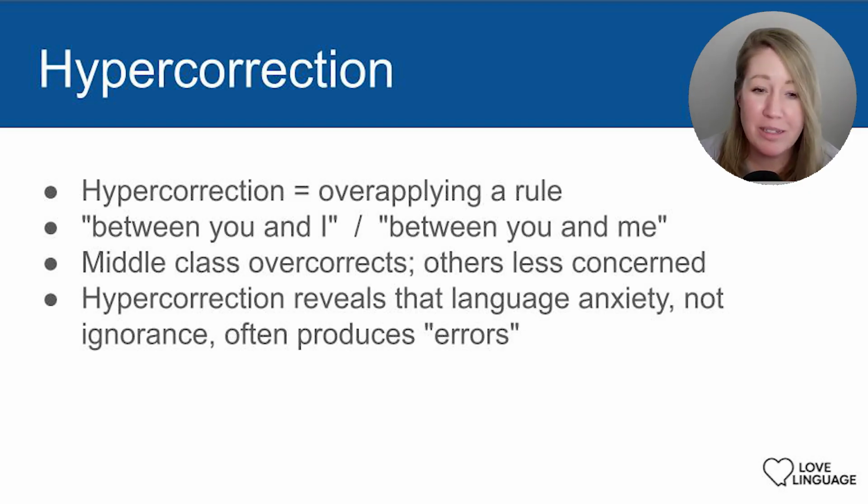The upper class speakers tend to not worry about it, and lower class speakers tend to use "me" consistently. So the middle class, caught between identities, talks itself out of the correct form. And so as a teacher, that reframes what you're dealing with when a student writes "between you and I." You're not dealing with ignorance, you're dealing with anxiety masquerading as a rule.